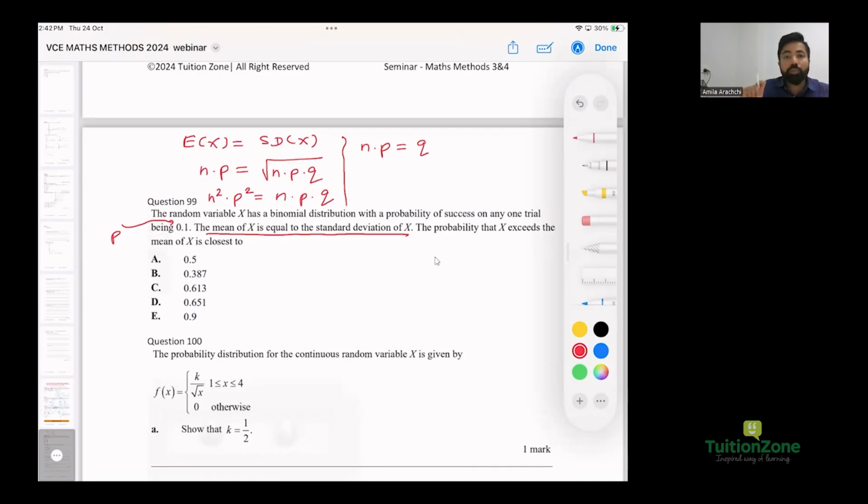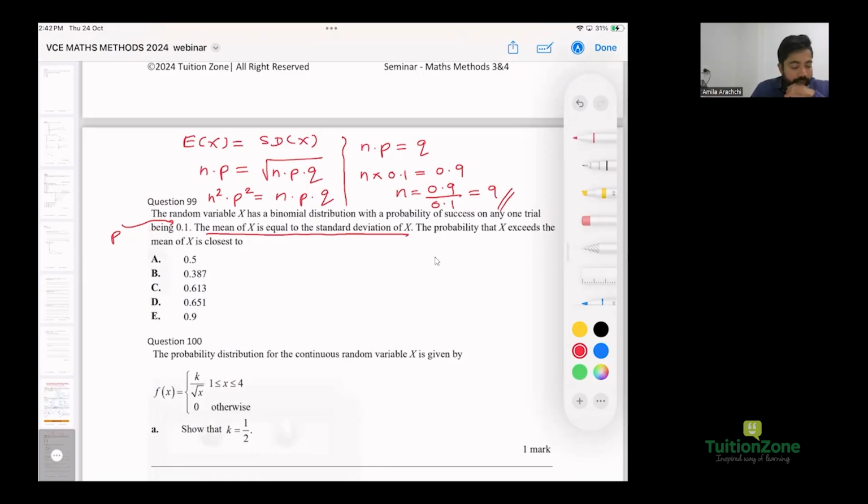If you know the p, what's the q value? 0.9. Is that true? Yes, because p is 0.1, q is the opposite. So I can write n times 0.1 equals 0.9. What's the n value? 9.